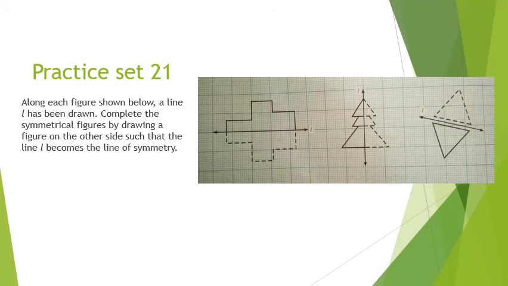You can see the line L. Complete the symmetrical figures by drawing a figure on the other side such that line L becomes the line of symmetry. Now see, here are some of the images. The line L is given. You have to draw the same reflectional images on the other side.